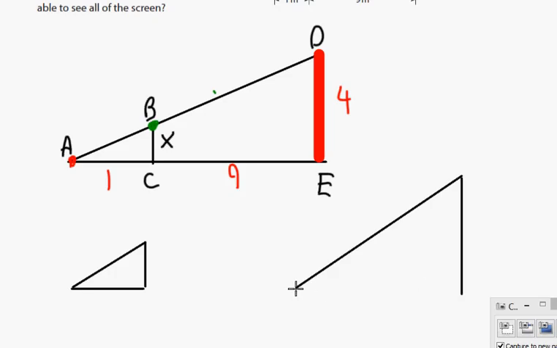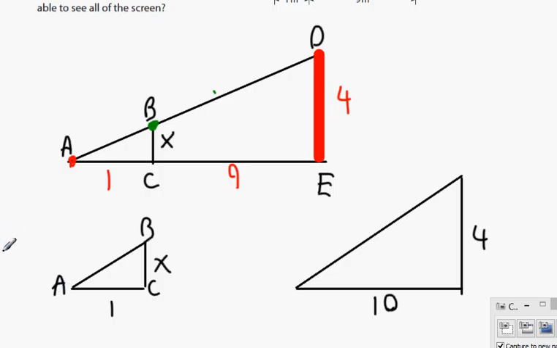And what you notice about the size of these? ABC and ADE, they are similar. And what do we need to find out? 1 and 10. That is correct.